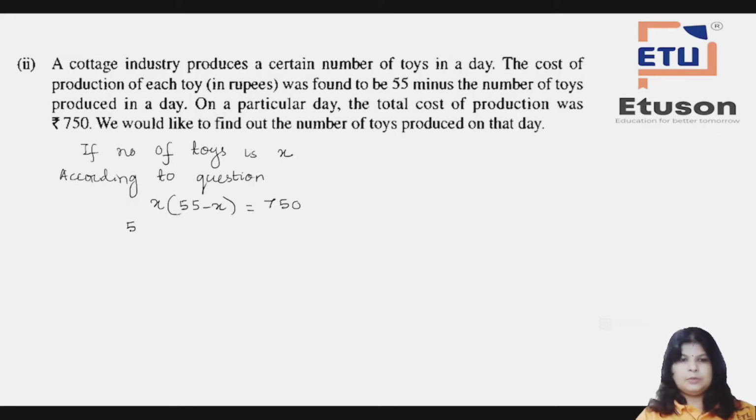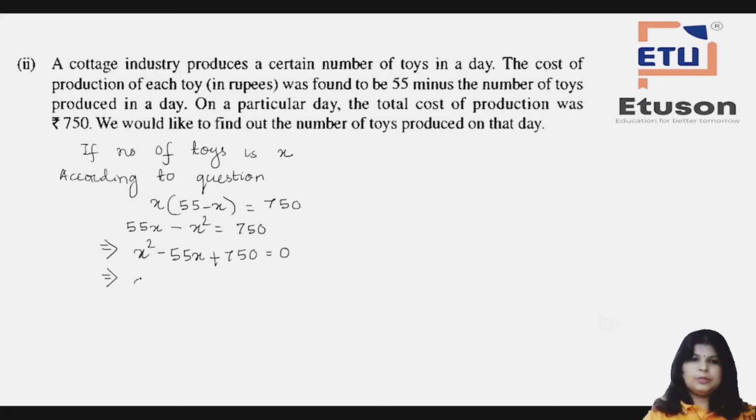Now let us bring it to the quadratic equation form, that is 55x minus x square is equal to 750. It implies x square minus 55x plus 750 is equal to 0. Now the product is 750 and the sum is minus 55. So you can have x square minus 25x minus 30x plus 750 is equal to 0.